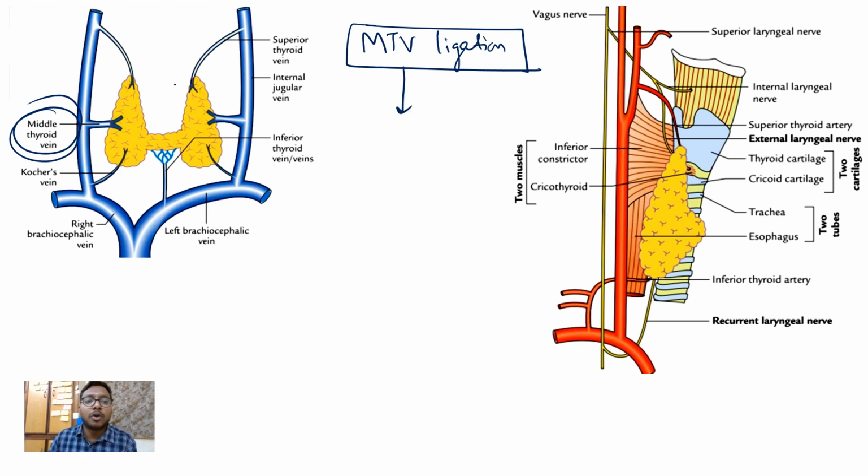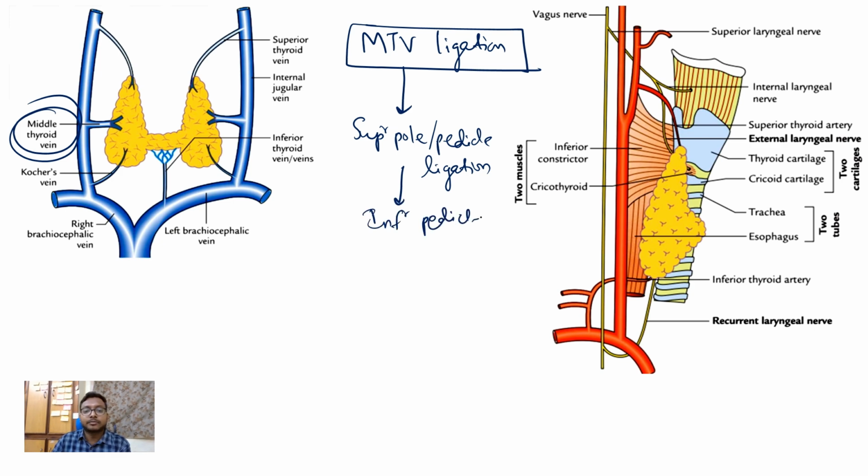After that you will go for superior pole ligation, because 80% of the blood supply comes from the superior pole, the superior thyroid pedicle. So superior pedicle ligation and division, followed by the inferior pole or pedicle.